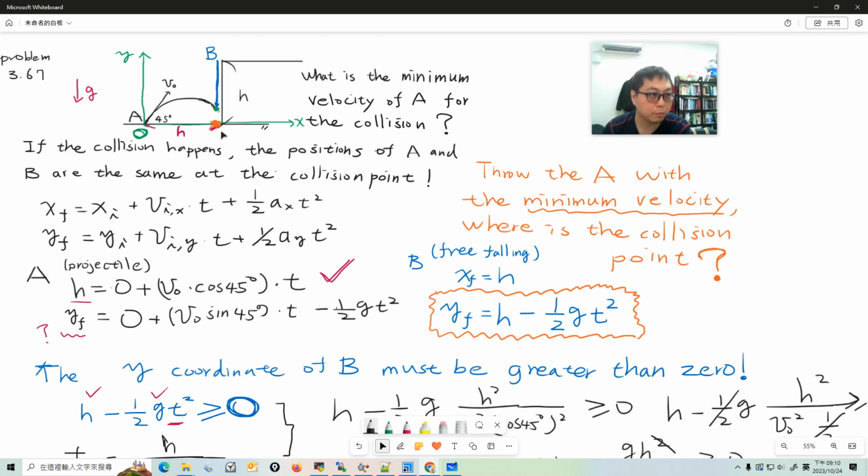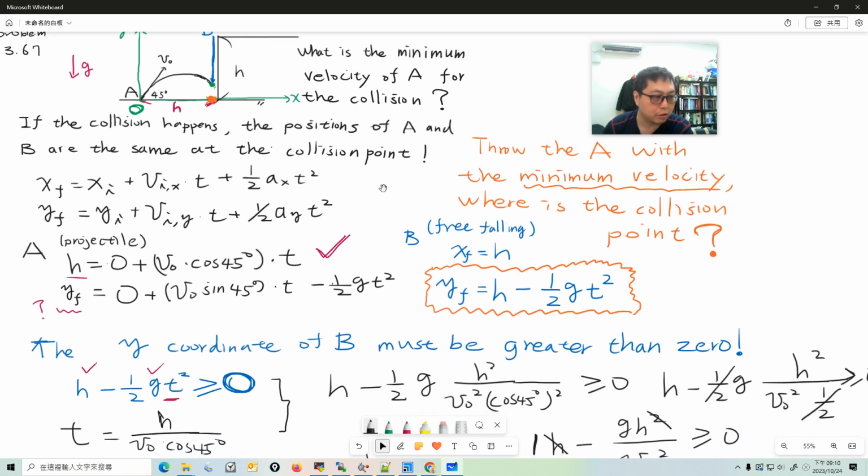The collision point is here. If I throw the ball at A with the minimum velocity, the orange point is the collision point. And this implies that the y coordinate of B must be greater than 0.